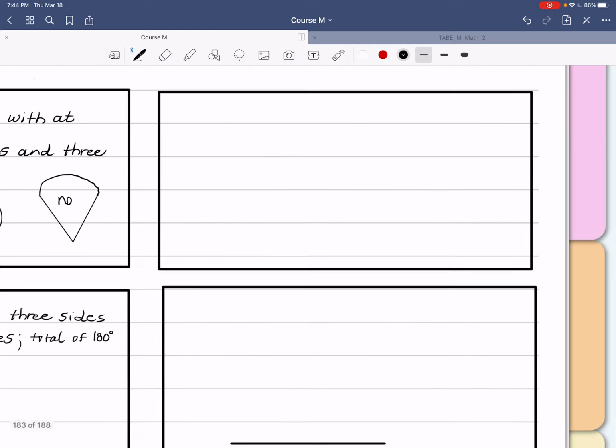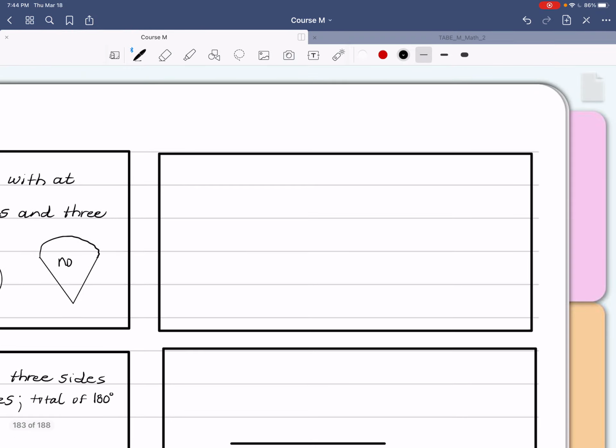Okay, another R word is a rhombus. A rhombus. And a rhombus, I would not tell you this if you were children. A rhombus is a drunk square. It's a square that's been drinking. It is a square that is not straight.